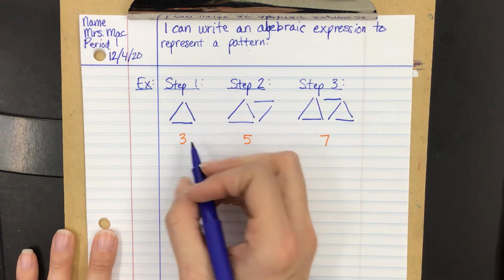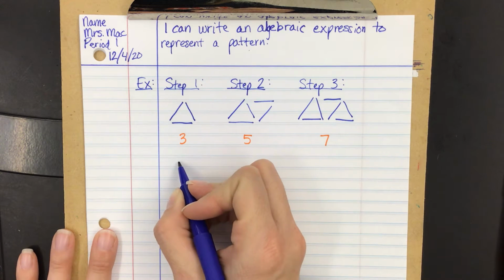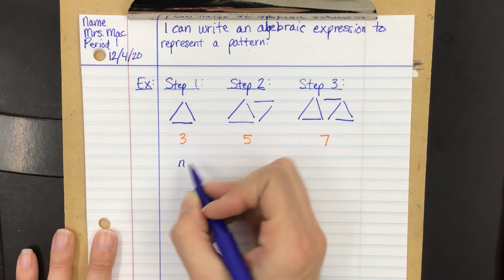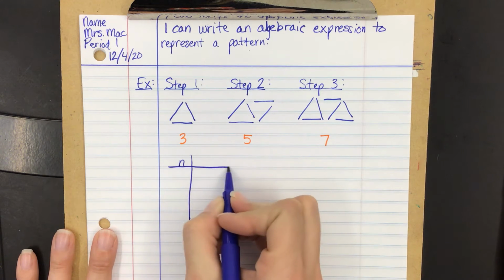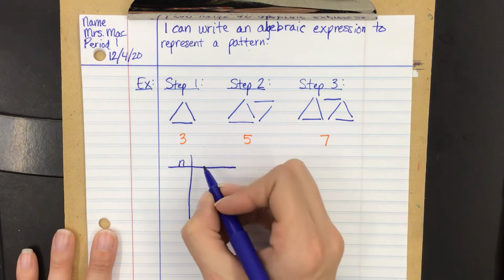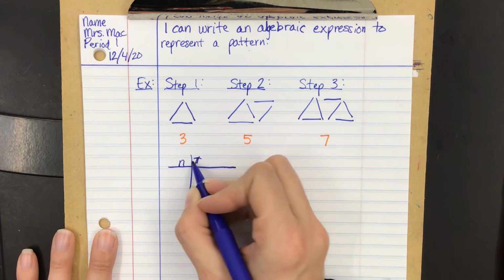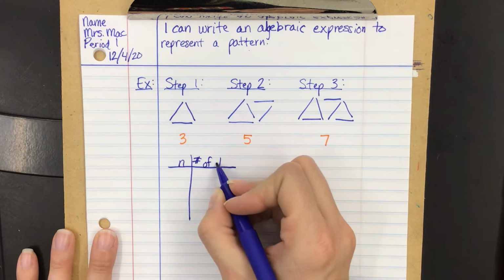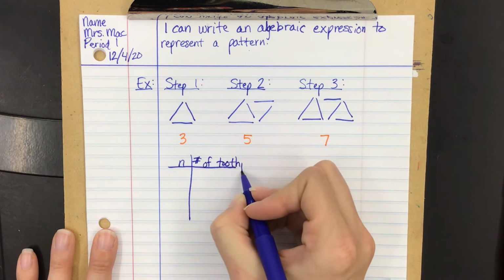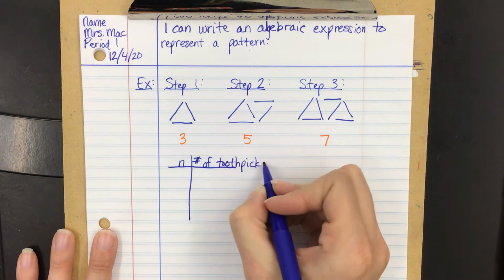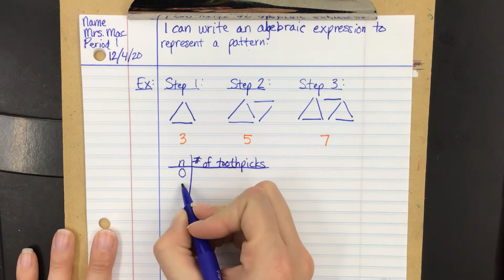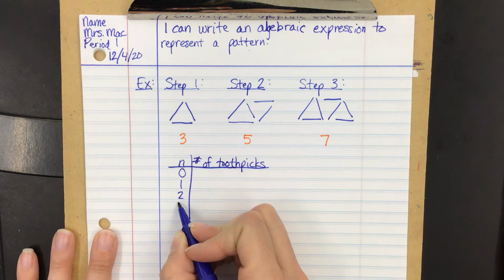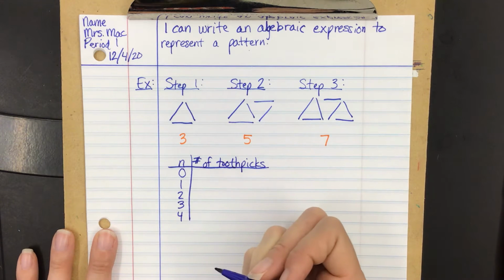We'll do the step number, we'll use the variable n for number. So step number n, and we'll say that this is the number of toothpicks. Okay. So I'm going to always leave that 0 spot there because that's going to help us to find out what we start with.